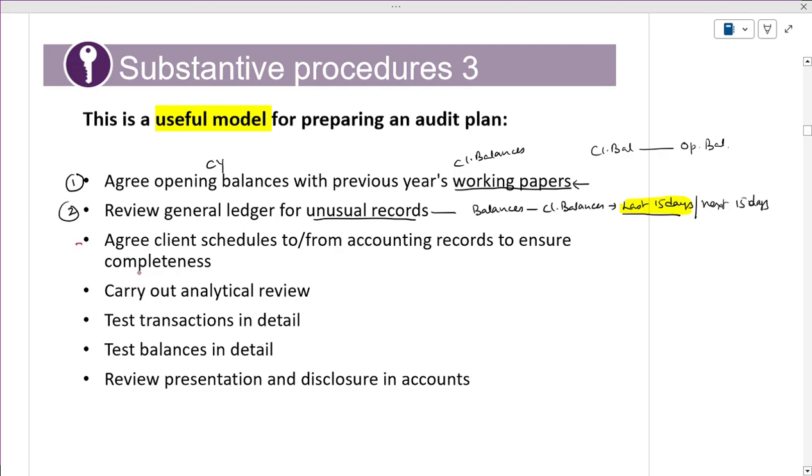Agree client schedules to ensure completeness. You are preparing; what you have to do? You have to agree client schedules or summaries to the accounting records.